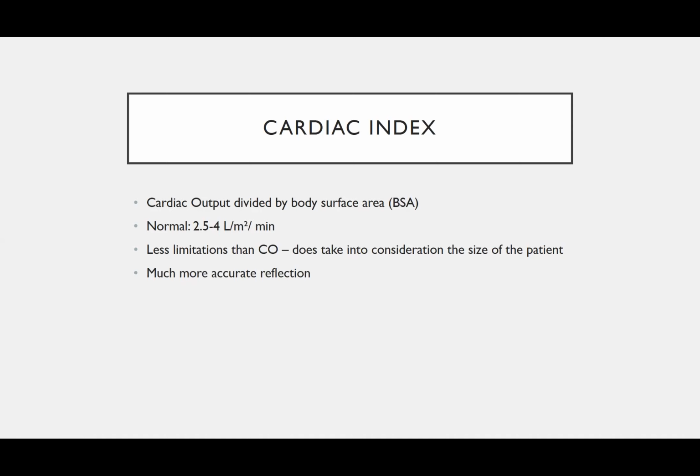What that means is that cardiac index takes into account the size of the patient. And so why is that helpful? Well, let's say I have a patient who is 6 feet tall and weighs 70 kilograms, okay? And then I have another patient who's 5 feet tall and 70 kilograms.